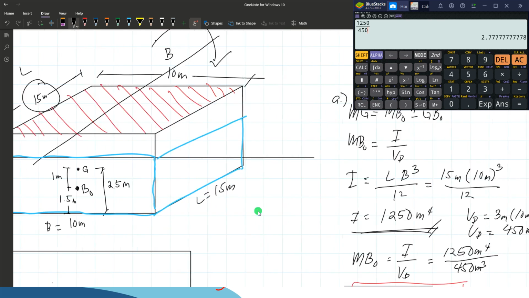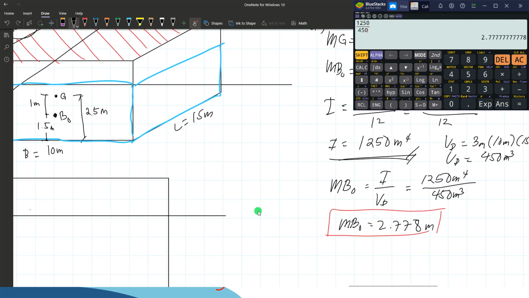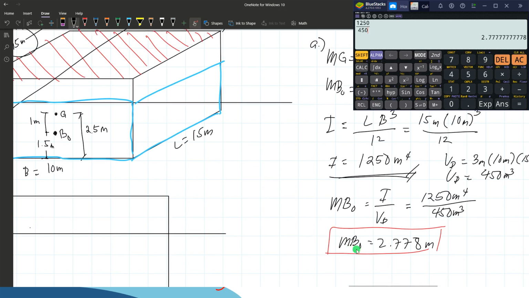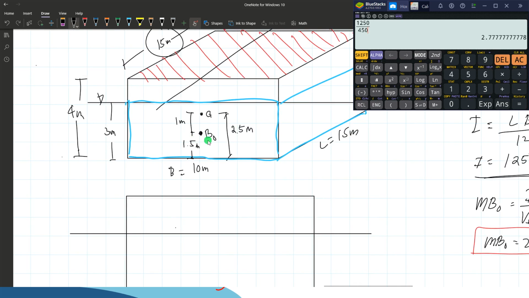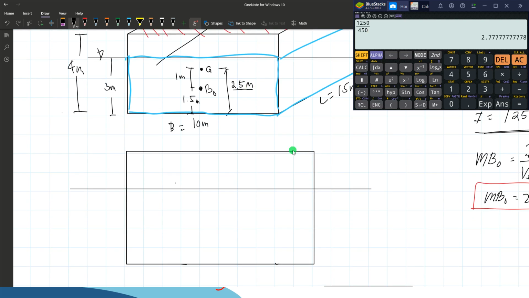Then let's locate the metacenter M, which is 2.778 above BO. So from BO going up, that's 2.778. Let's redraw that here. We have G, BO right here, and let's draw 2.778.